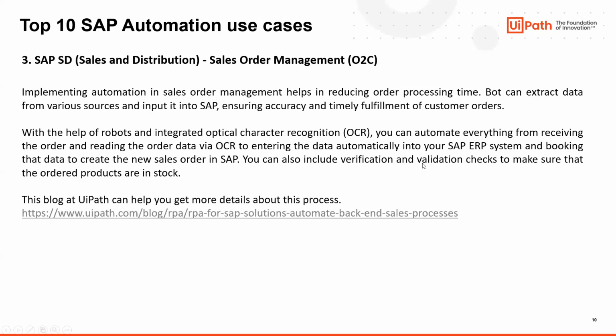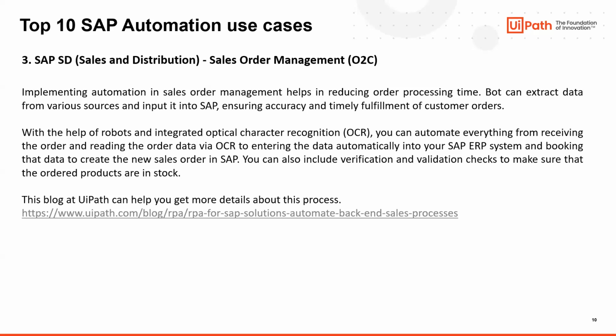Right, coming to the third use case on the list, which is in the SAP sales and distribution module. The process is sales order management, which is part of the O2C cycle, order to cash, right? Creating a sales order in SAP is definitely one of the top use cases when talking about the volume and the complexity of the process, and document understanding might be required in a few cases.